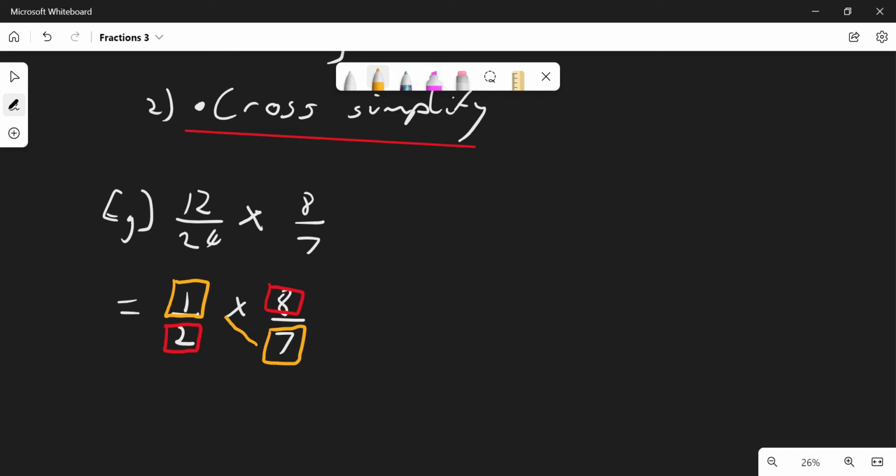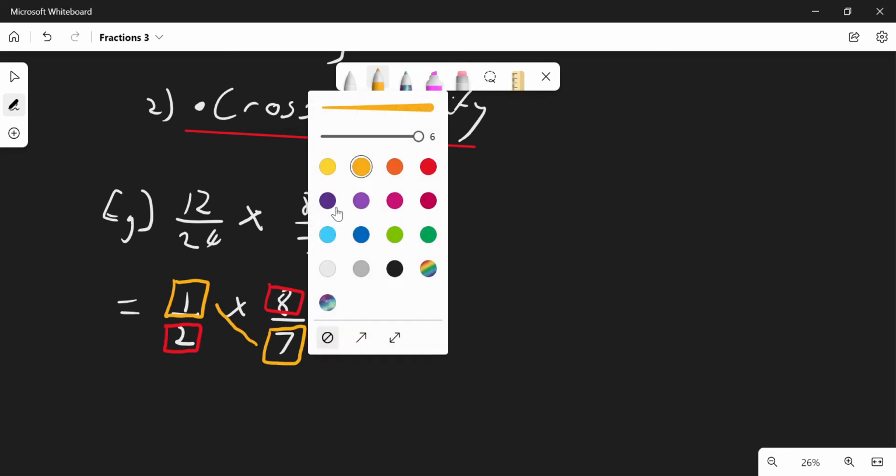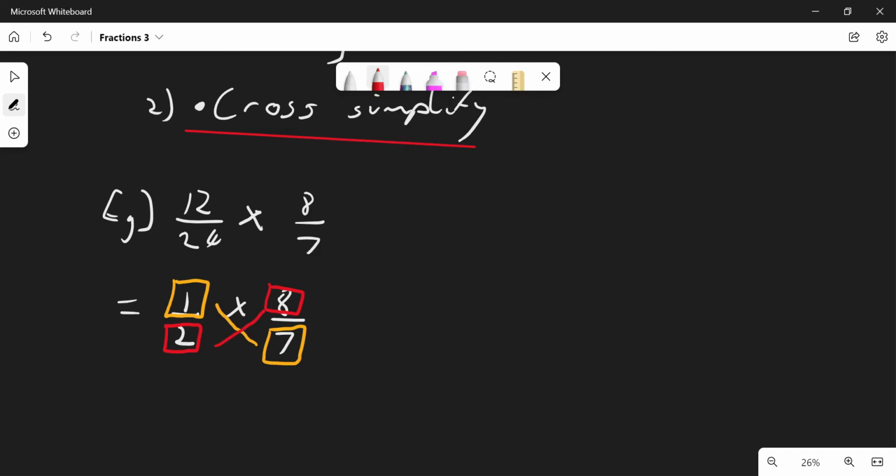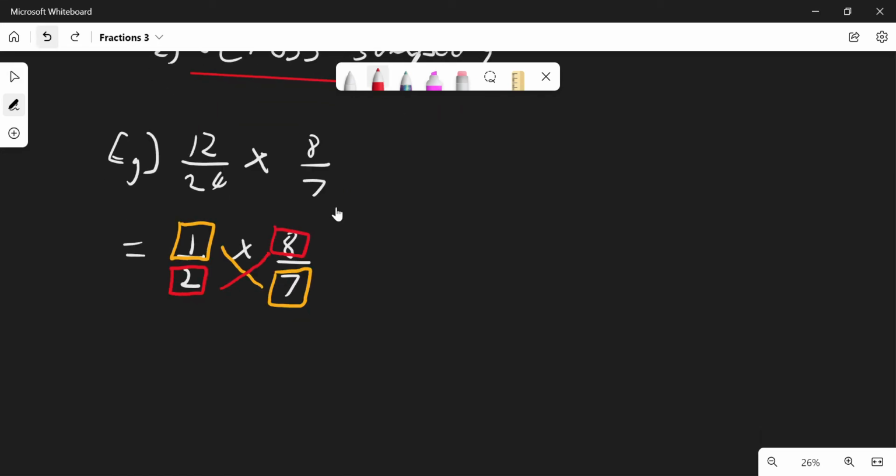Never, ever simplify the two numerators or the two denominators against each other. That's a big mistake. So what does this mean? If we look at 1 over 2 and 8 over 7, I can simplify either 2 and 8 or 7 and 1.